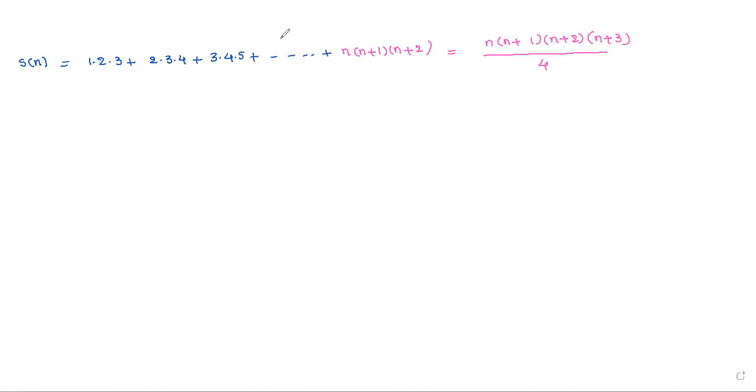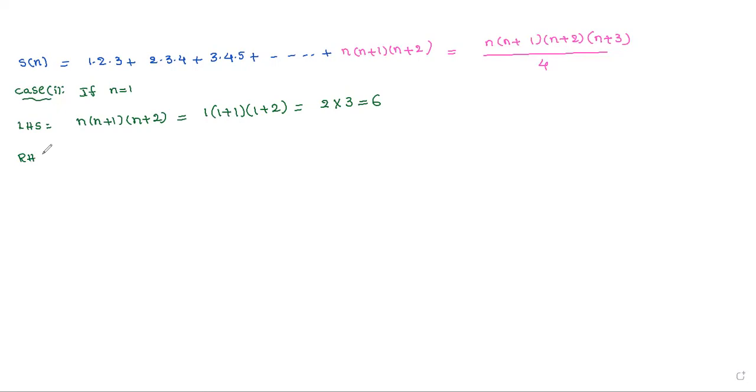Case 1. If n equal to 1, LHS: n into n plus 1, n plus 2. Substituting the value, 1 into 1 plus 1, 1 plus 2, that is the value 2 into 3, 6.